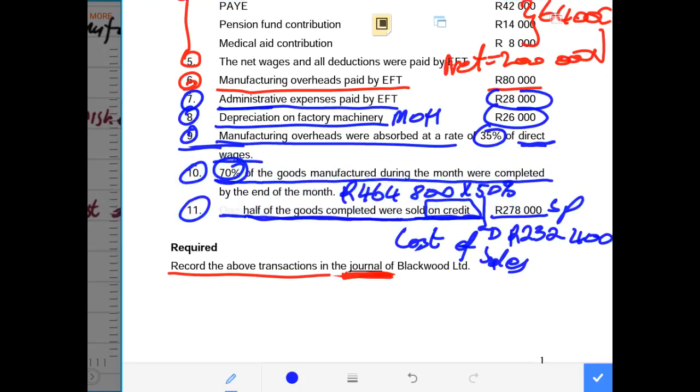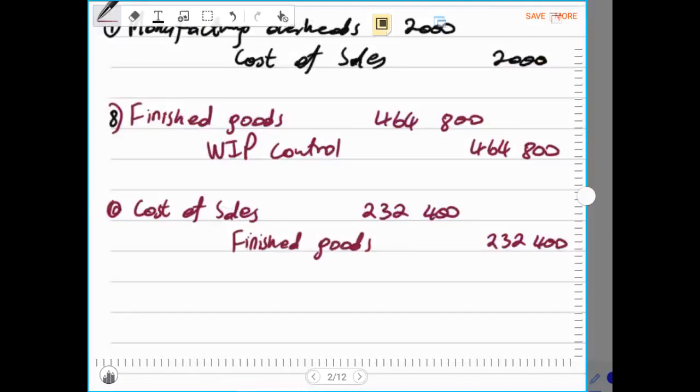So that means we debit our trade receivables, which are called debtors control if you want. Then we say trade receivables on the debit side with the amount of the selling price, which is 278,000 rands.